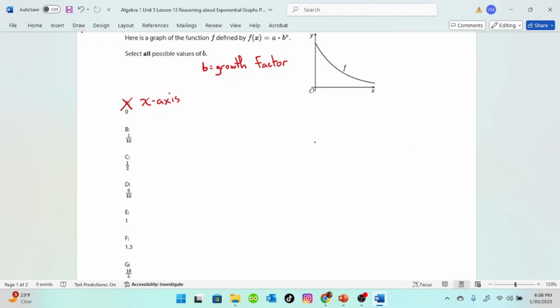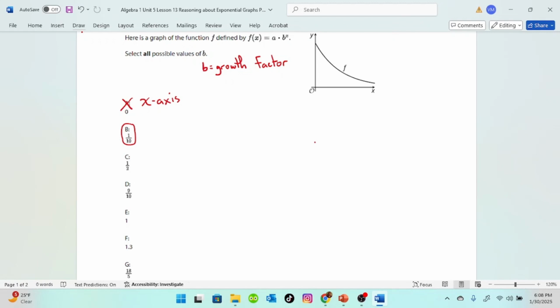The next option is that we're multiplying by 1/10 every time. Well, if we're multiplying by less than 1 every time, then our answer is going to keep getting smaller each time. And that's what we see here. So B would result in exponential decay. So B is a correct choice.